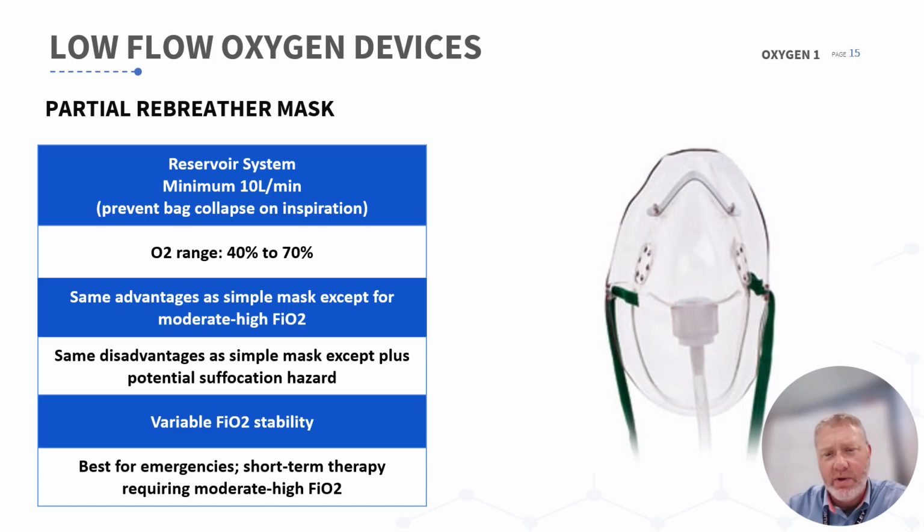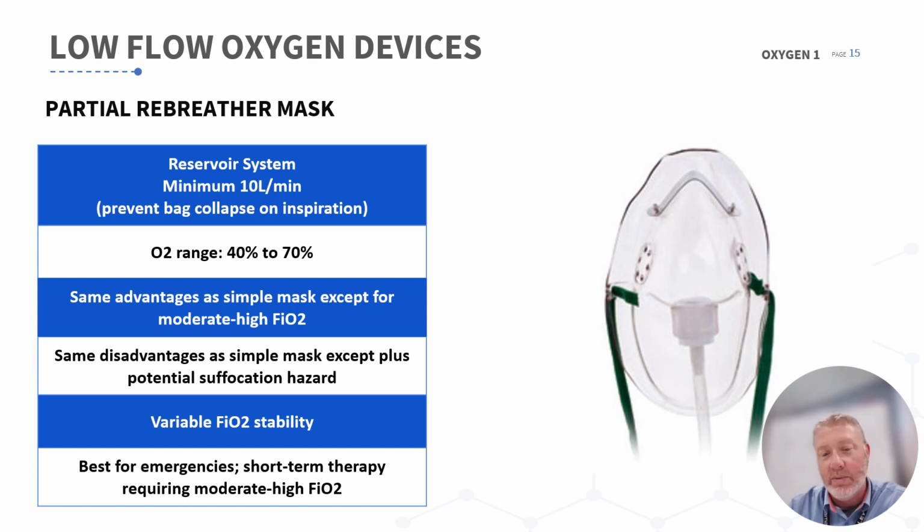So, non-rebreather and partial rebreathers. A partial rebreather sometimes has the reservoir bag attached to it, but when you have a 3-in-1 mask, if you remove all 3 of the flaps, then it becomes a partial rebreather. So that is an O2 range like 40 to 70. 70 seems awfully high. It's probably like 40 to 60% depending.